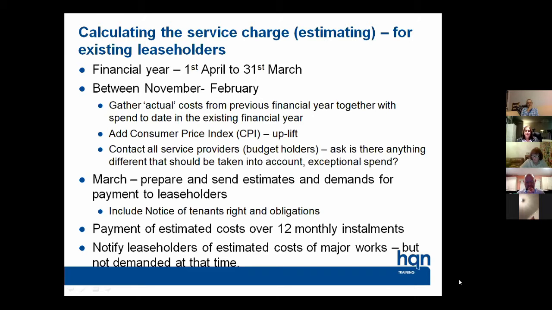So that's part of the exercise, but in addition to that, they need to find out whether any unusual, exceptional spend will take place in 21-22. So the contract terms are one thing, but there may be something that hadn't been planned, but now has been foreseen for 21-22.